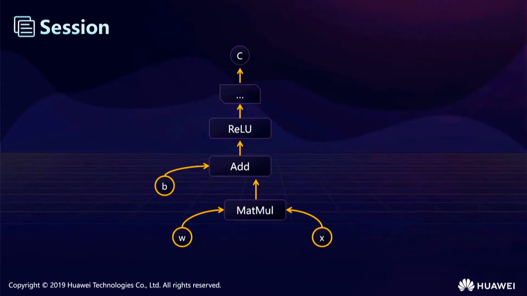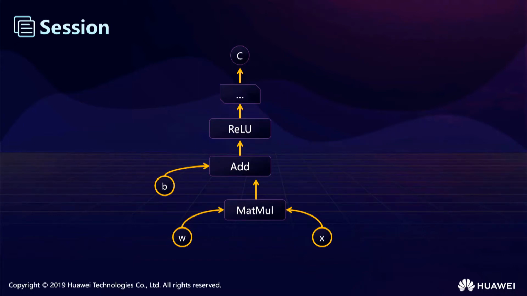And next we will take a look at session. When we run a TensorFlow graph, session owns and manages all resources. So it is very important for TensorFlow. Clients use session to interact with the TensorFlow system, and generally it has the two following steps.